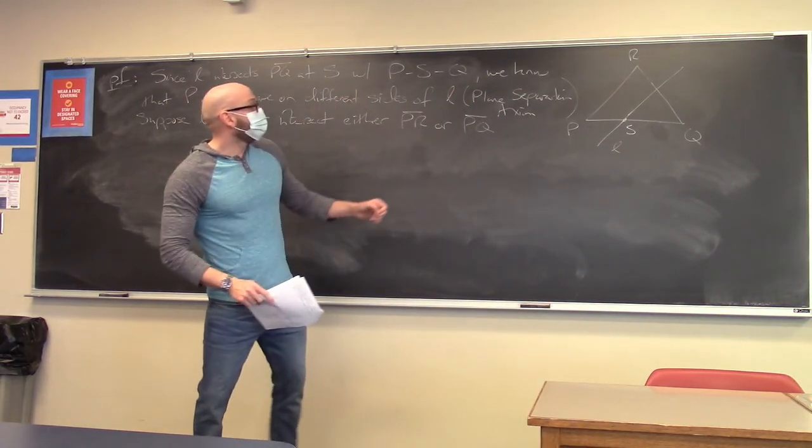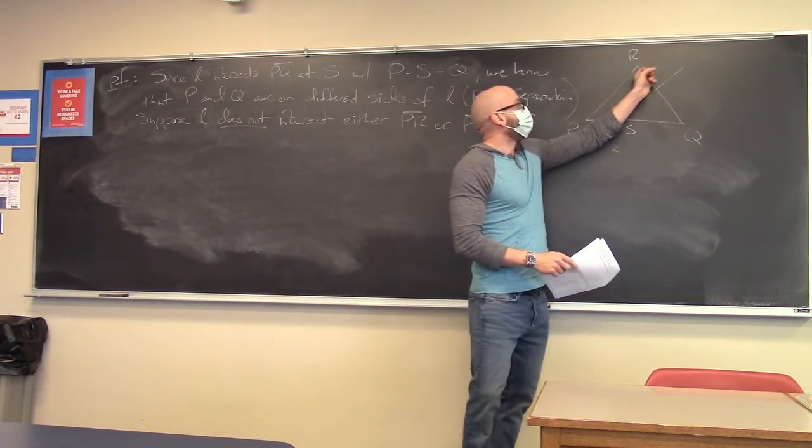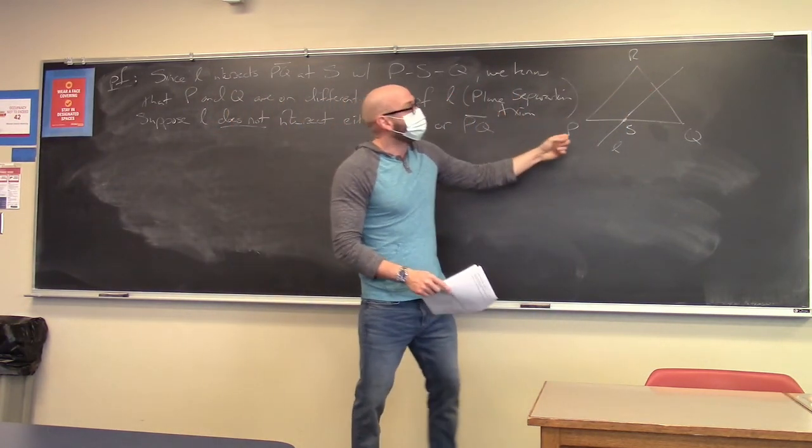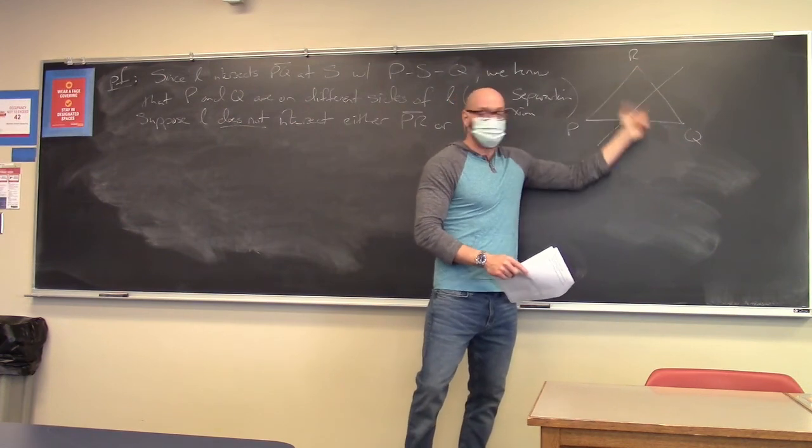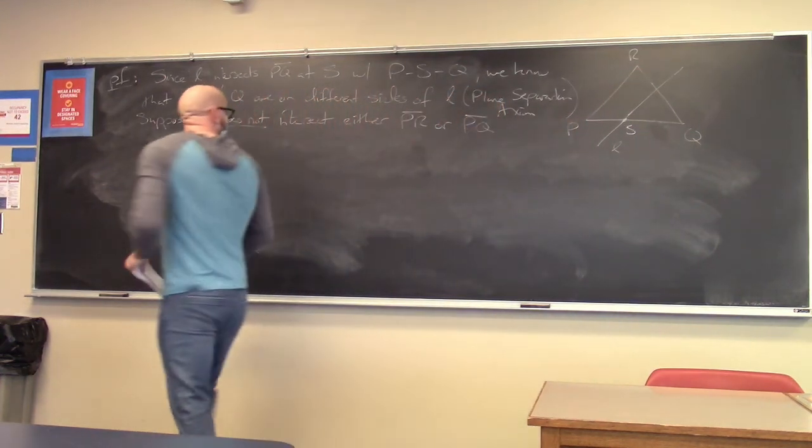Well, if it doesn't intersect PR, as it doesn't in this picture, then the plane separation axiom tells me that P and R must lie on the same side of L, right?